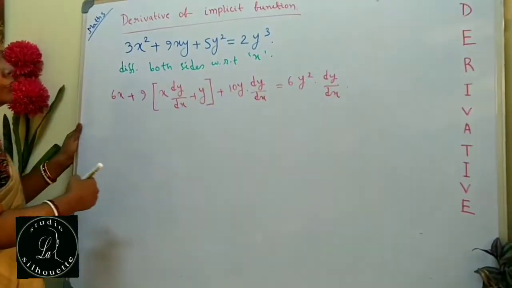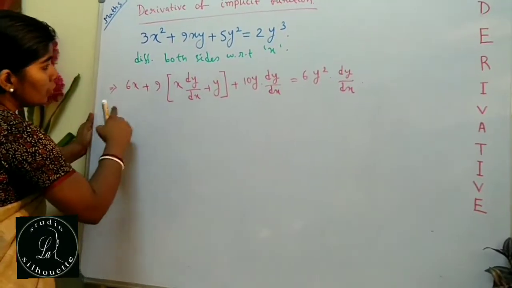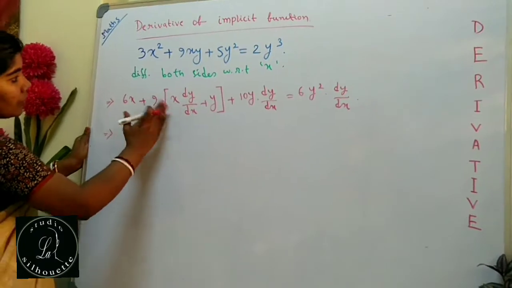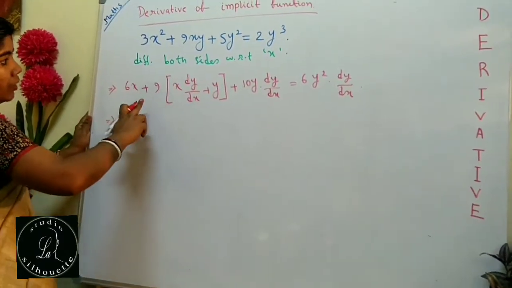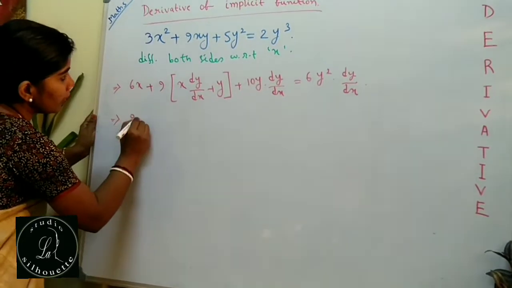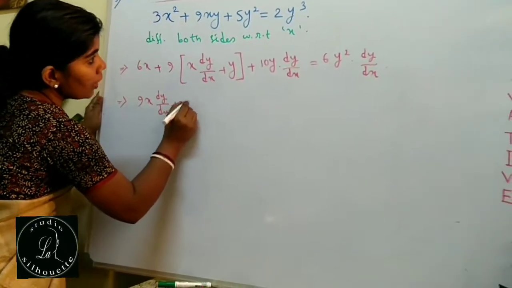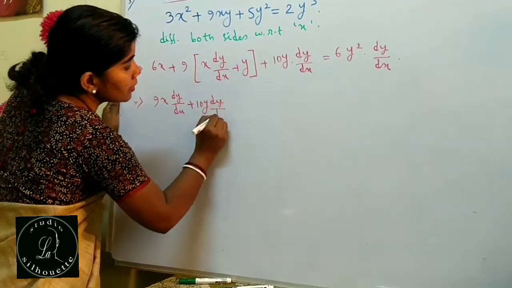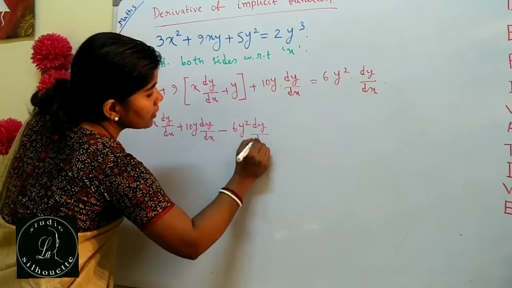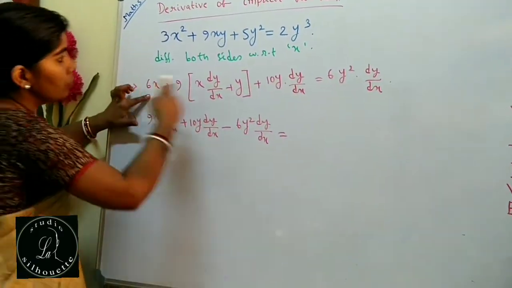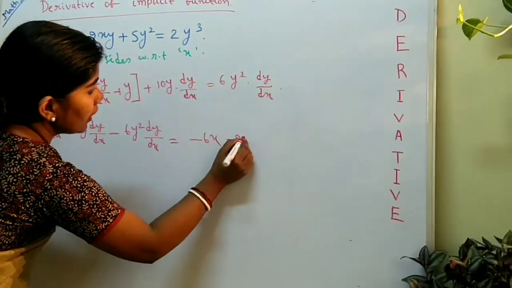Now you have to find dy dx from here. So we are keeping dy dx on one side and all other terms on the opposite side. Then what we will get? Here we will keep 9x dy dx plus 10y dy dx minus 6y square dy dx equal to minus 6x minus 9y.